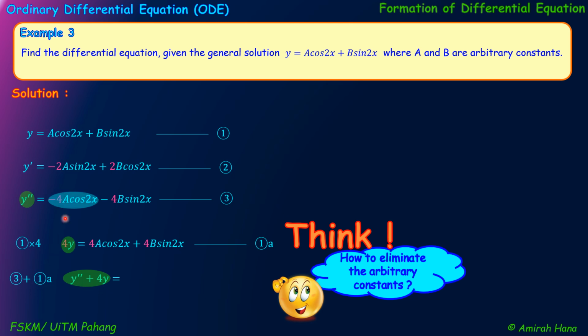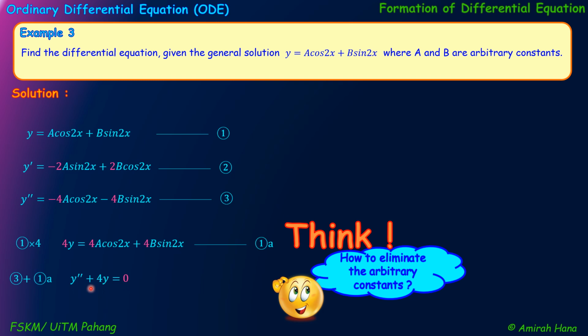After that, negative 4a cos 2x plus 4a cos 2x, we get 0. And then negative 4b sin 2x plus 4b sin 2x, we also get 0. So the right hand side equals 0.